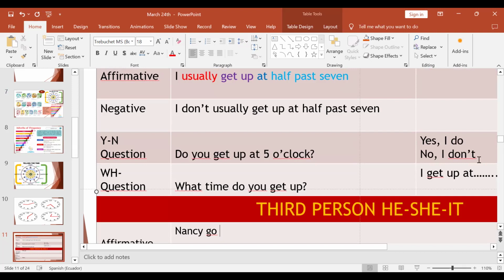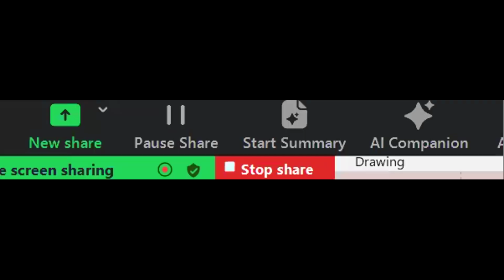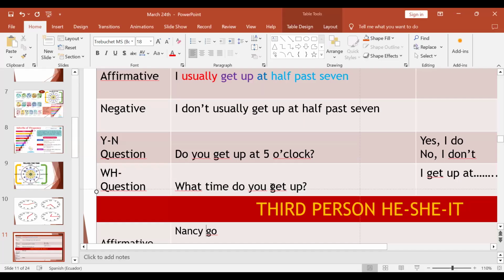Entonces, antes de yo poner el verbo, si necesito poner un frequency adverb, una frecuencia, eso va antes del verbo. A ver, ¿qué pondríamos? Always, sometimes, never. Vamos a poner always.